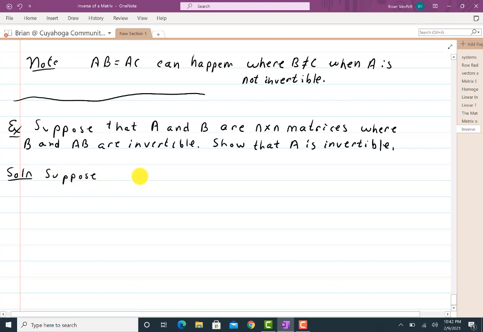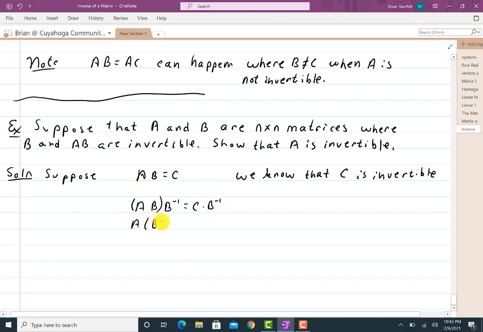Suppose AB equals C. We know that C is invertible. We're told that A times B is invertible. Also, I could multiply both sides by B inverse like the following, and then regroup the left side. We're also told that B is invertible.